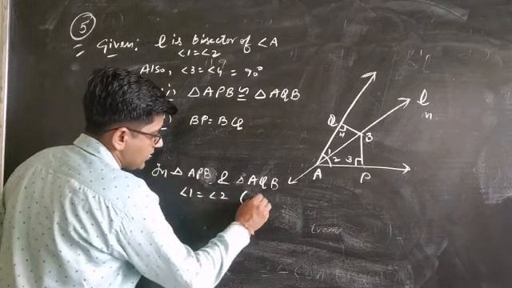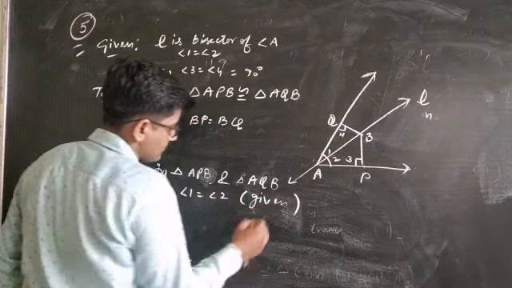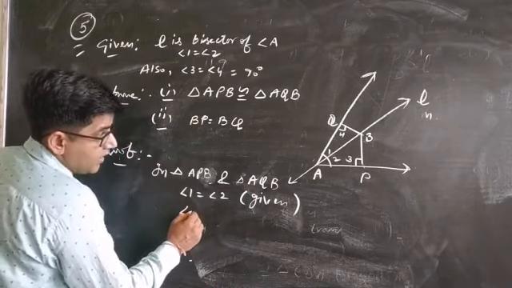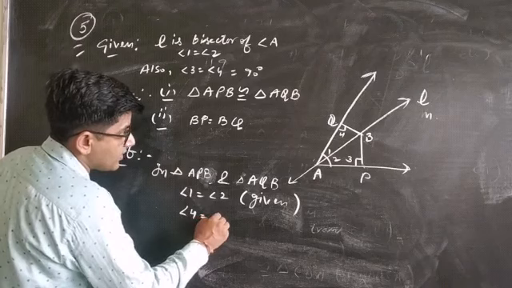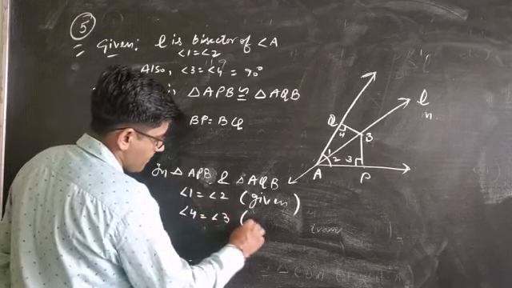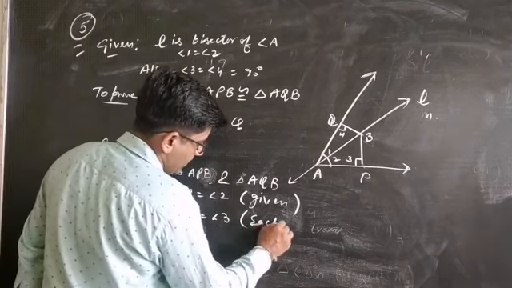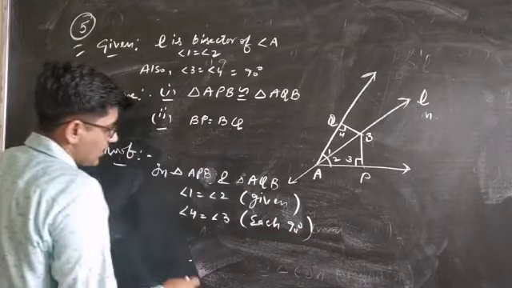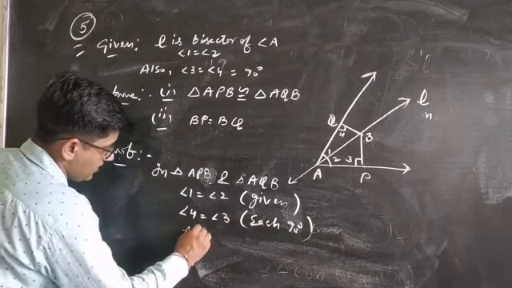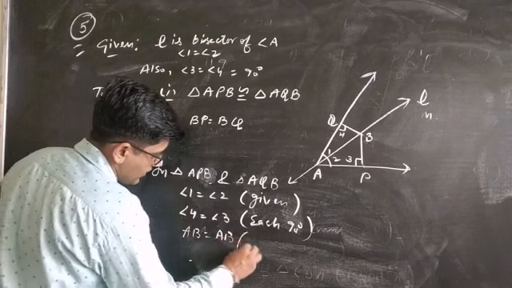Here angle 1 is equal to 2, it is given to us. Angle 4 is equal to angle 3, that is each 90. And third one, that is AB is equal to AB, it is common.